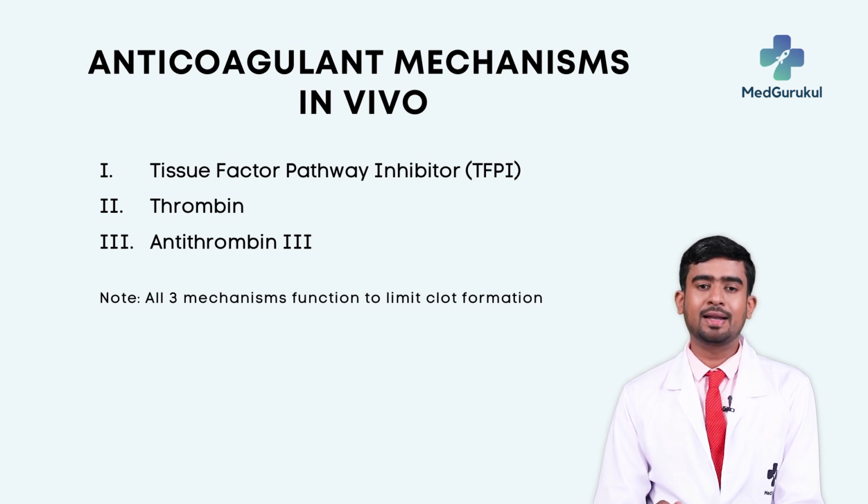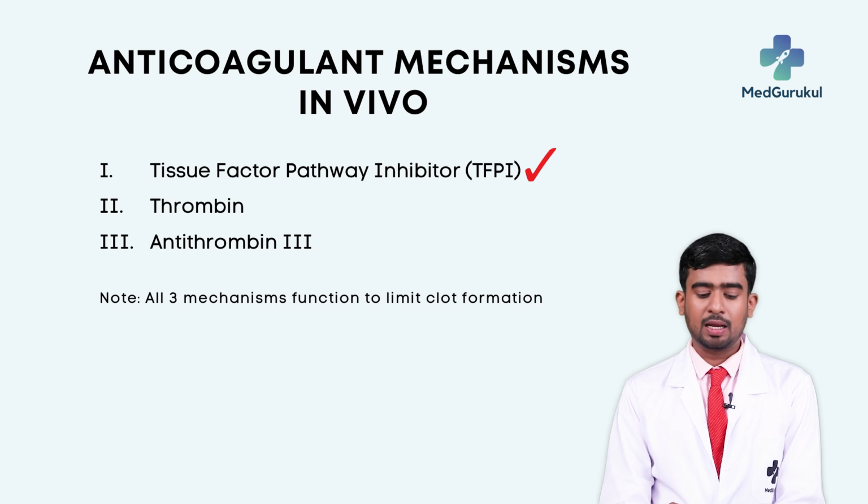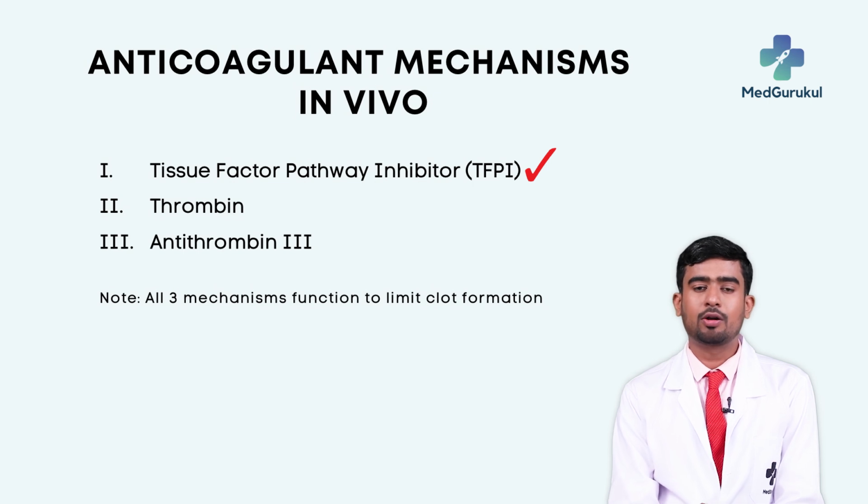So, the factors which maintain that fluidity of blood are the endothelial factors. There are certain endothelial factors we will learn, and other than that, the factors are tissue factor pathway inhibitor. The first one, tissue factor pathway inhibitor or TFPI, it is the abbreviation. As the name indicates, this prevents the clotting of blood via the extrinsic pathway, because tissue factor is the most important or the initiating factor in case of extrinsic pathway, that is thromboplastin, which is released as a result of tissue injury, will cause stimulation of the factor 7.